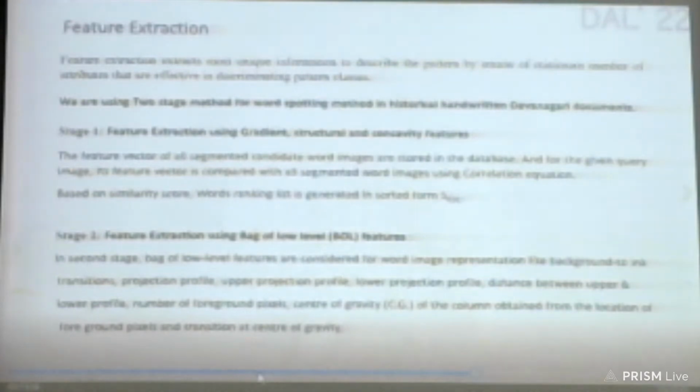Similarly, in the second stage, the feature extraction is performed using bag of low level features. Here, the features we have considered are background to ink transition, projection profile, upper projection profile, lower projection profile, the distance between these two projection profiles, number of foreground pixels, center of gravity for the column obtained from the location of foreground pixels, as well as the transition at center of gravity.